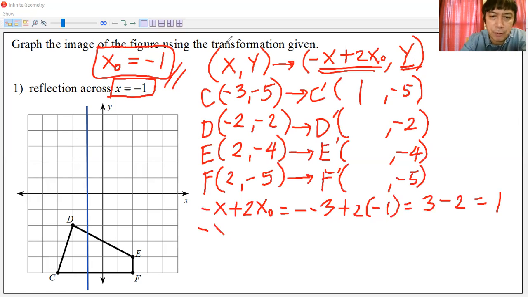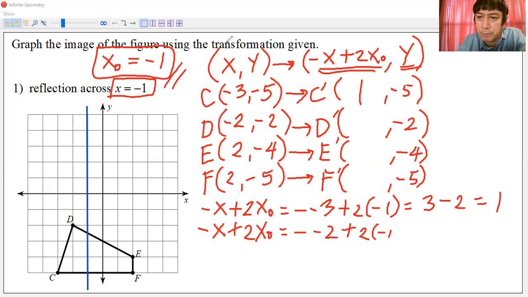Next, we have the same formula, -x plus 2 times x of 0. Negative of, in point D, our x is -2. So after the negative, we write the -2. Plus 2 times -1. This is -2 is a +2 minus 2, it's 0.